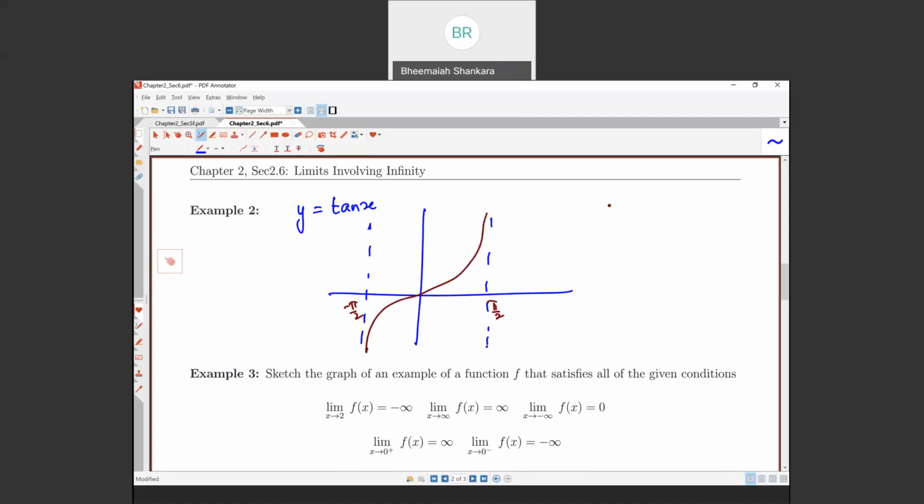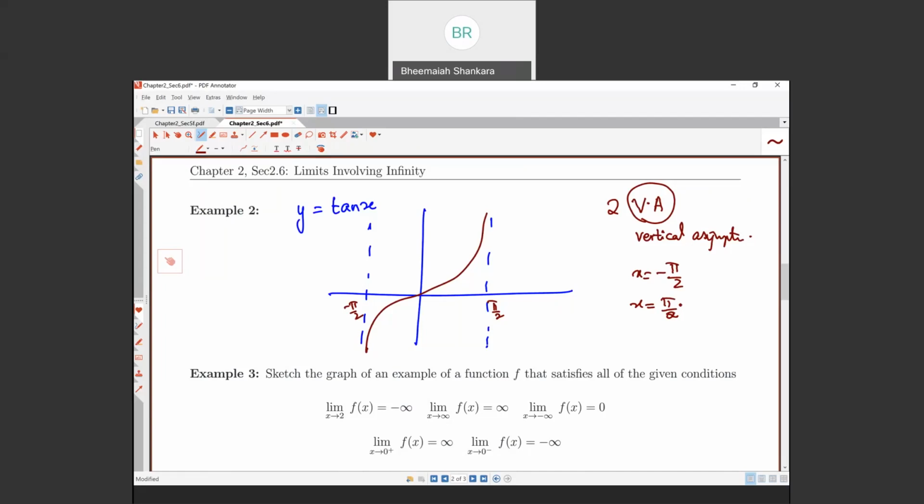So you're seeing two vertical asymptotes here, which are x equals negative pi over 2 and x equals pi over 2. The curve goes as close as possible towards the vertical asymptotes, but it will not touch the vertical asymptotes.